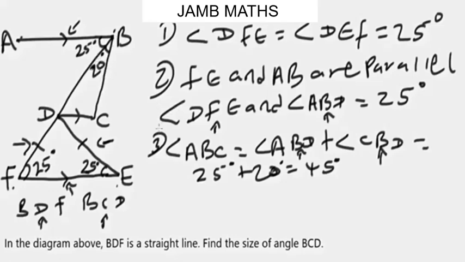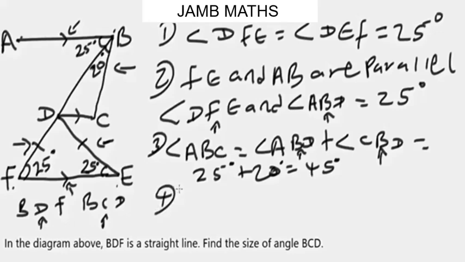So take note of what is happening here. Now we have established this fact, remember we have to find angle BCD. We are looking for the angle C, where the angle B is this 20 degrees, not 25 degrees.